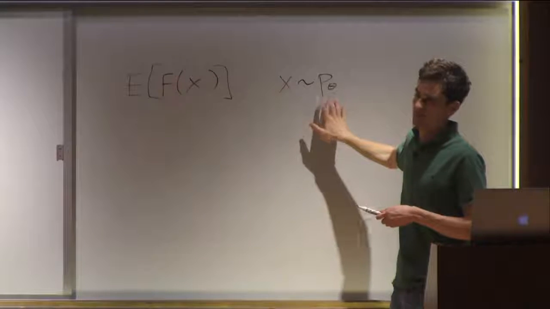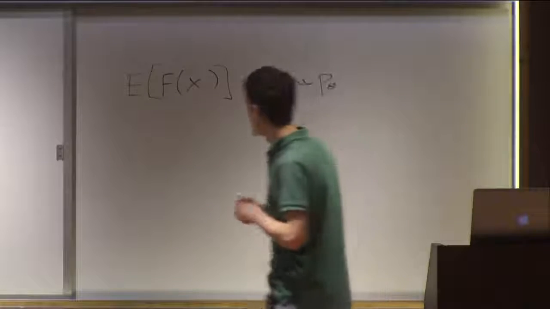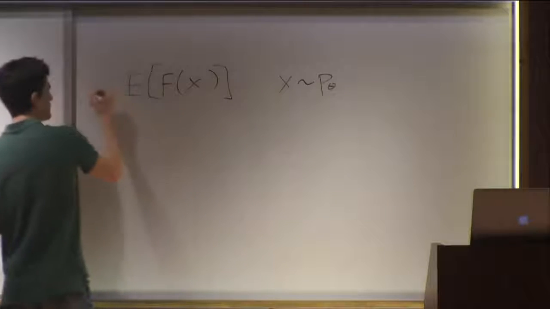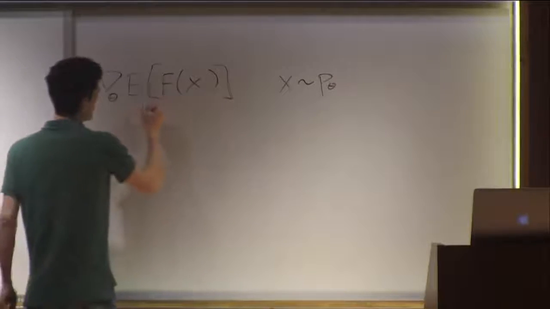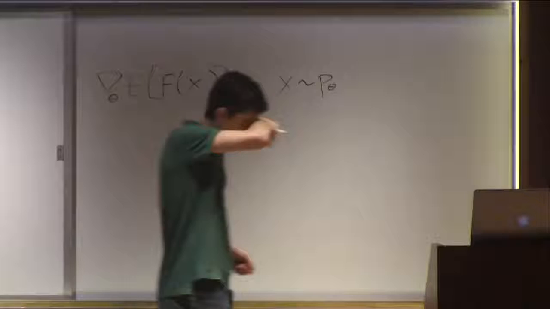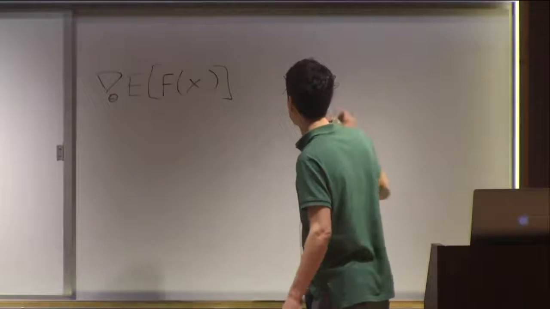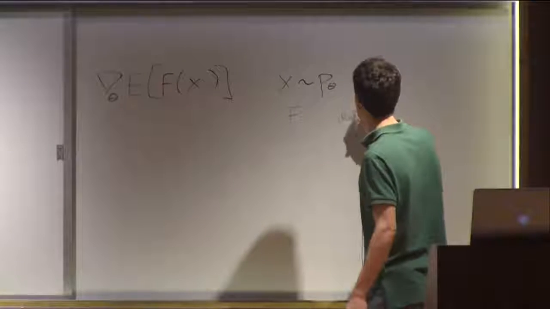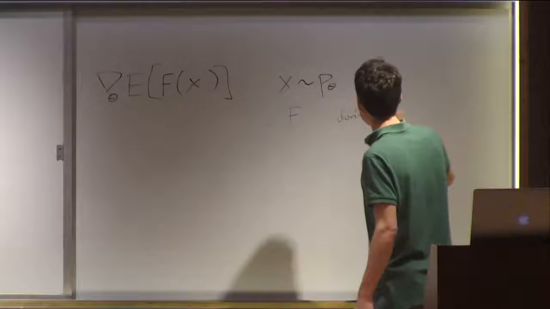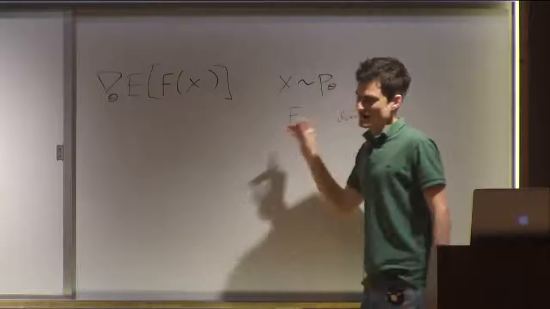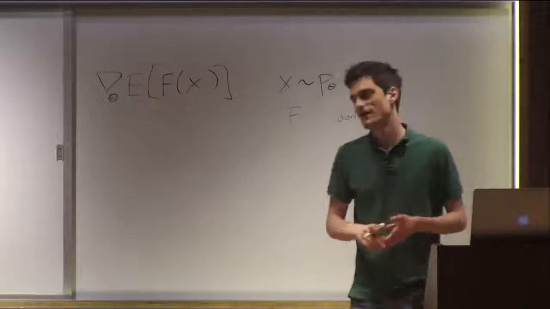We're defining this so we know the gradients and the values of this probability mass function. So the question is, we want to compute the gradient of this expectation. It's assumed that we don't have access to f, so we don't know f. We're just treating f like a black box, but we want to compute this gradient of an expectation.